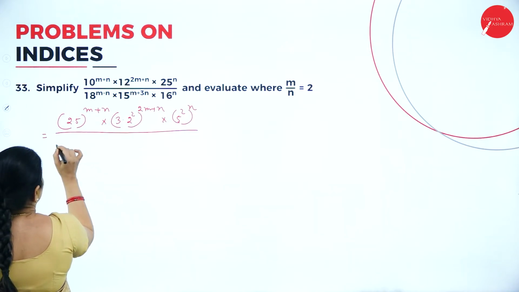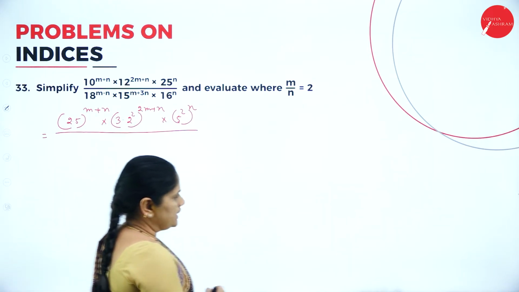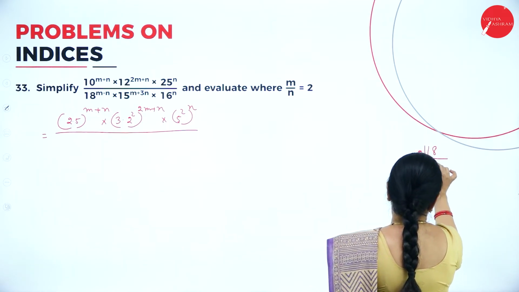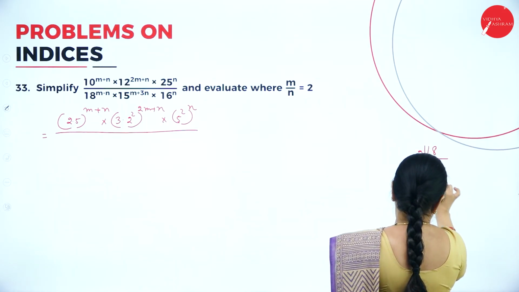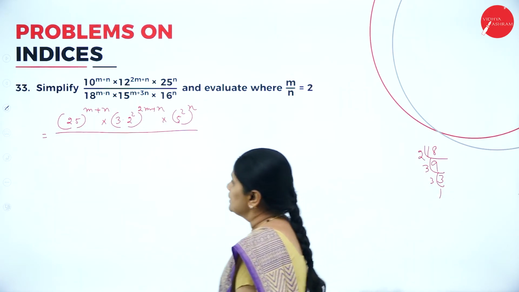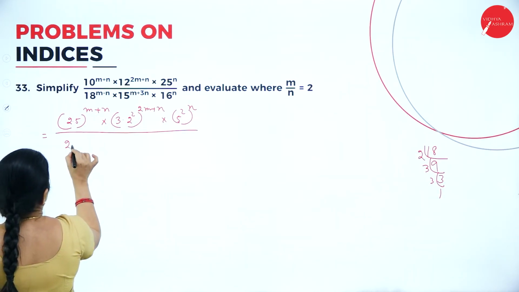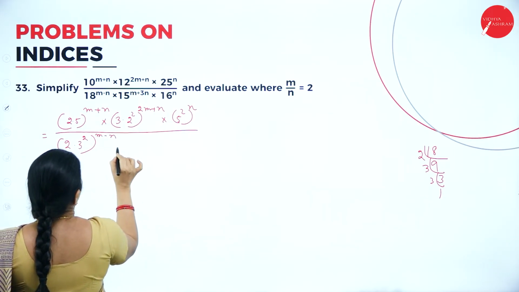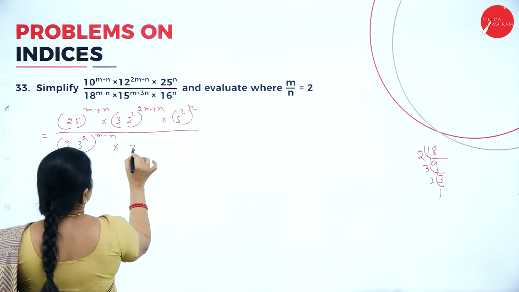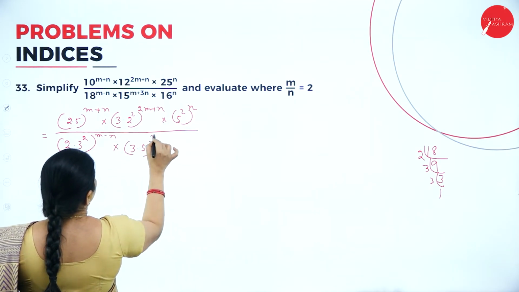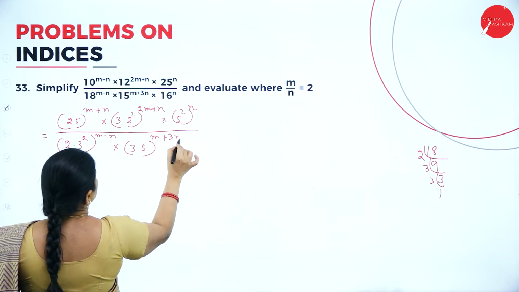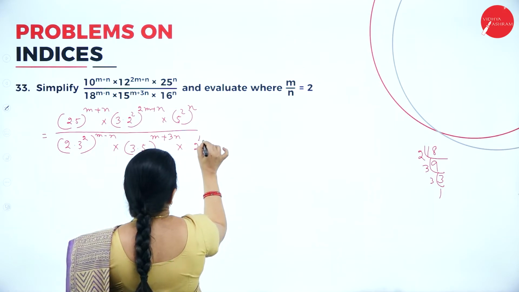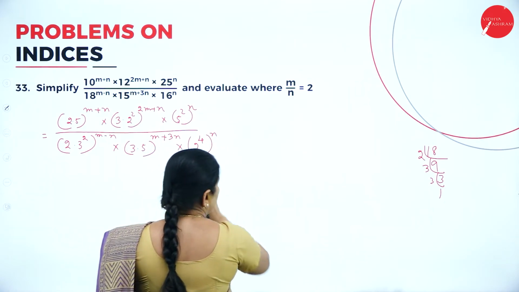This will be equal to, so 18, if I have to factorize, 2 9s are 18, 3 3s are 9, 3 1s are 3. So this will be equal to 2 into 3 square to the power of m minus n into 3 into 5 to the power of m plus 3n into 16, which will be 2 to the power 4, whole to the power n.